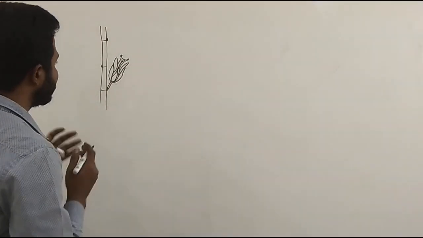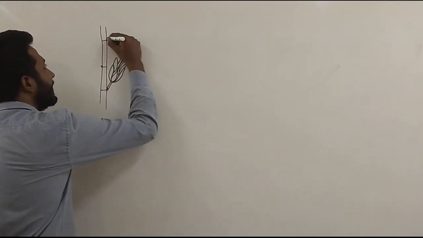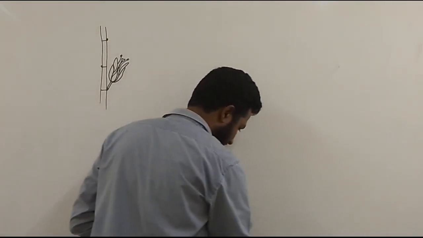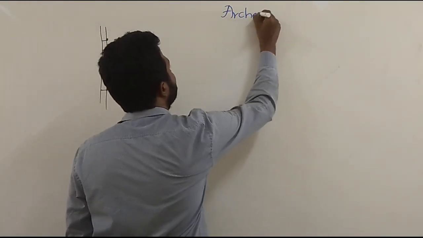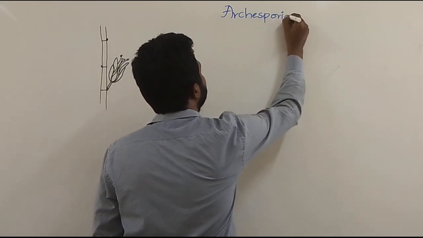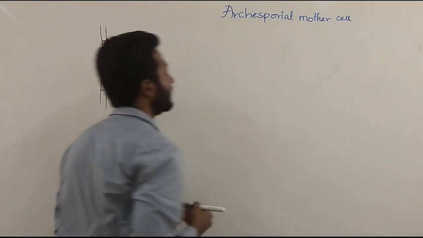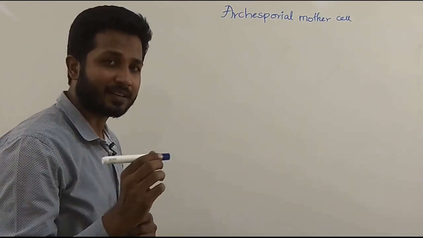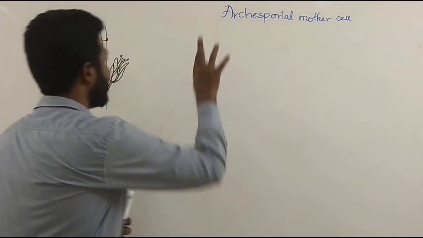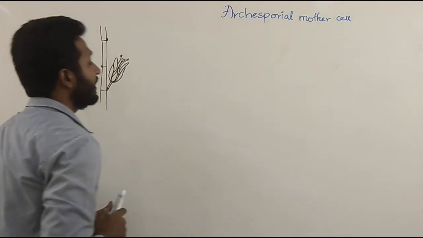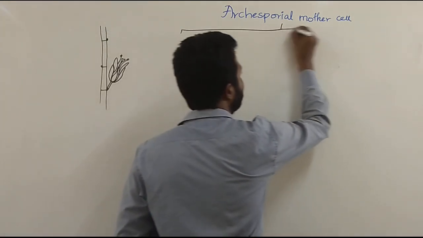Okay? When it is developing into a flower, initially, there is a mass of cells being formed here, which is known as the archisporial mother cell. I am writing in blue, which means that it is for NEET. Okay? Archisporial mother cell. This archisporial mother cell, which is formed in the bud, is going to divide into 2 daughter cells by a process known as mitosis.